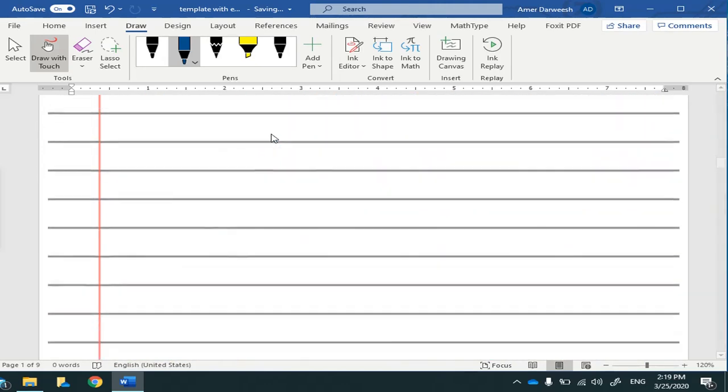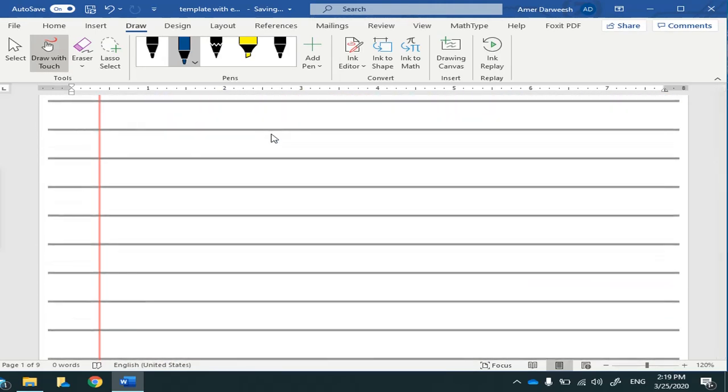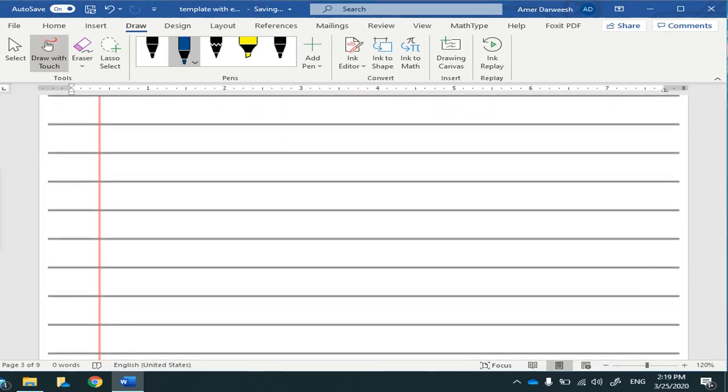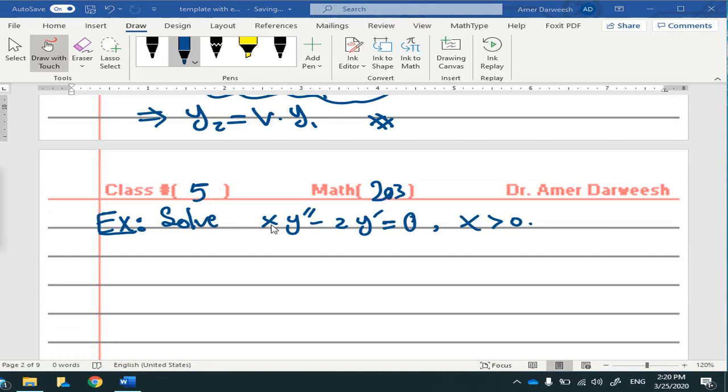So now let's see how to apply this by example. Solve the differential equation x y double prime minus 2y prime equals 0 for x greater than 0. Here we just use the idea of reduction of order.